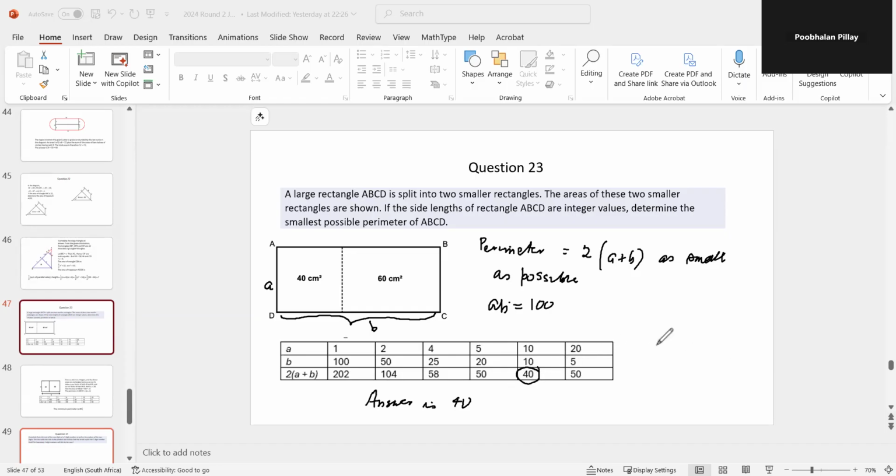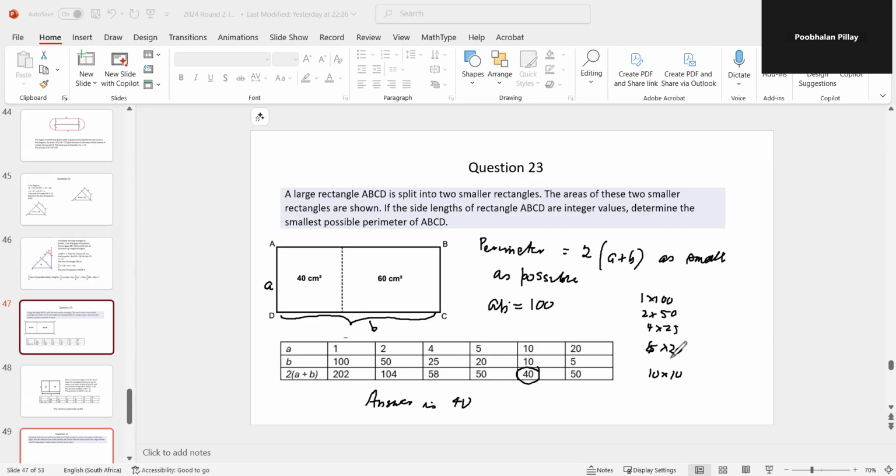If you want, you can complete this, but it's really not necessary because the factors come like this: 1 times 100, 2 times 50, 4 times 25, 5 times 20, and 10 times 10.